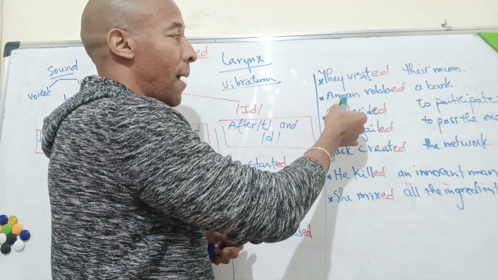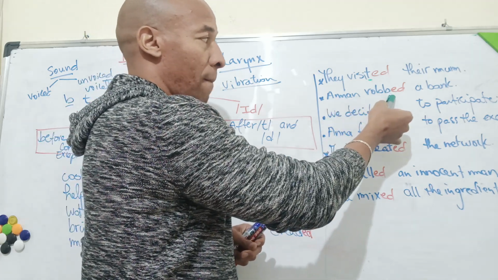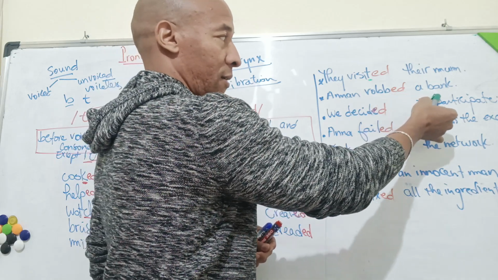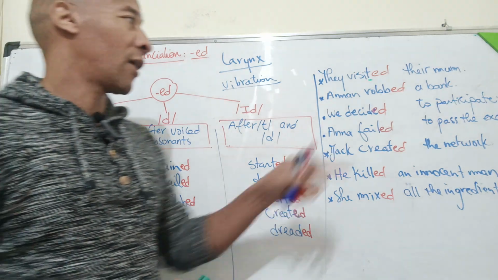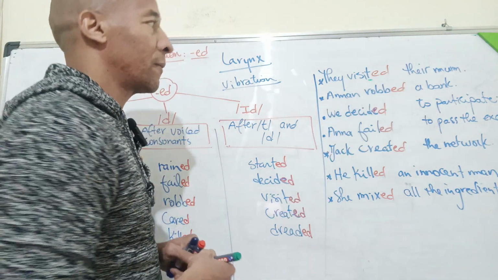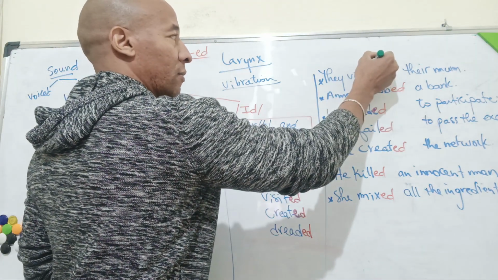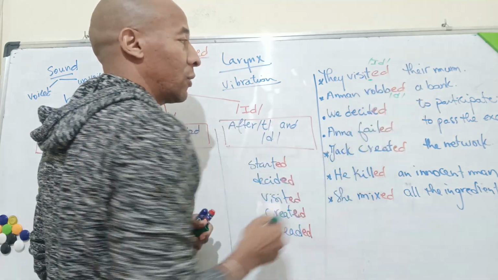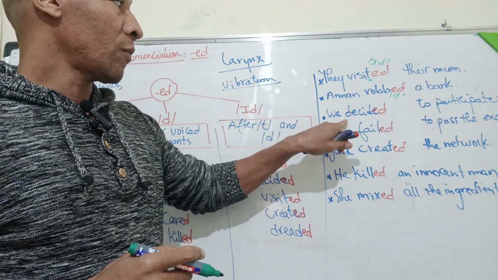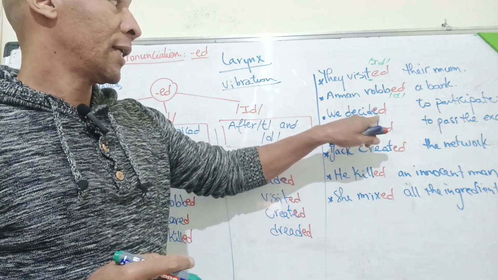Can you try this one? A man robbed a bank. Very good. It's pronounced d. And then we decide.